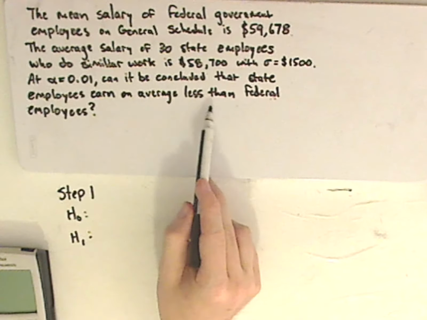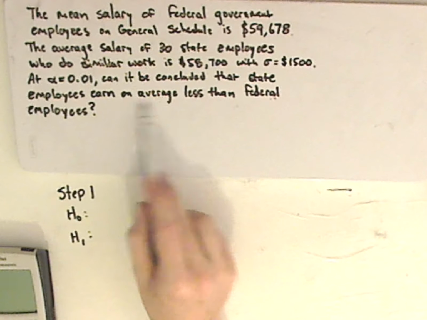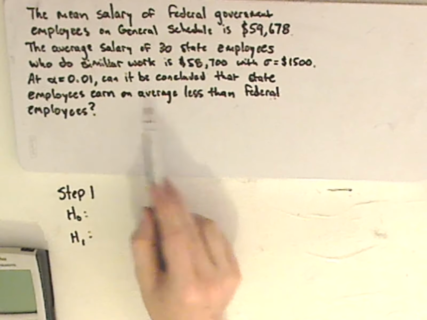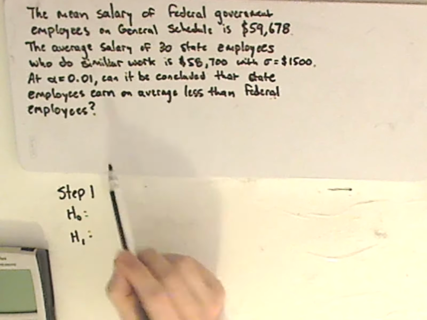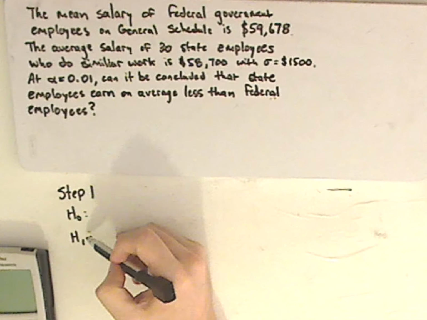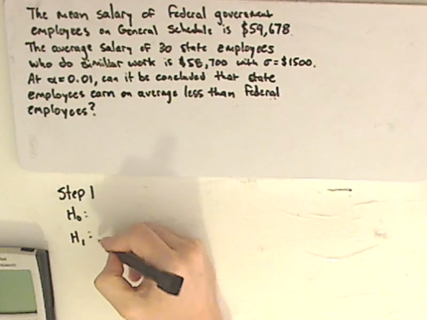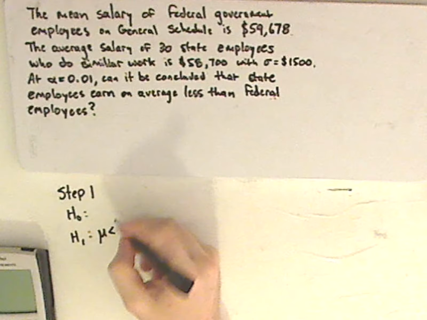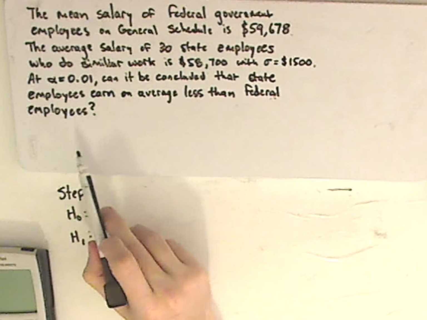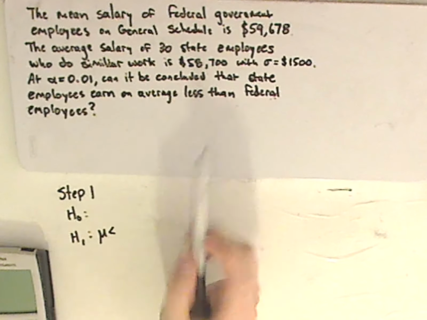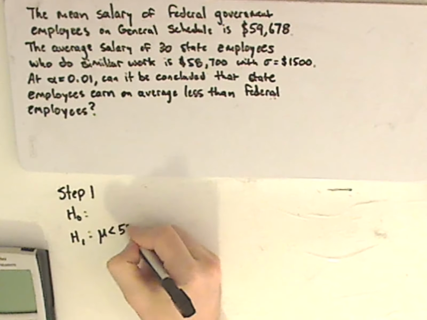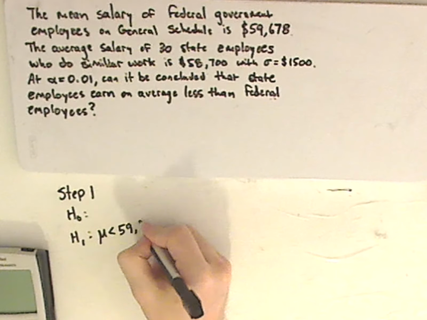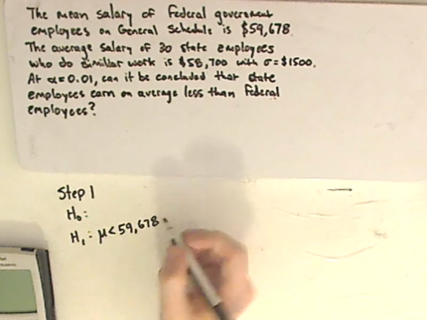So you have less than and you have average. Well, the less than signifies that's going to be your alternative hypothesis. Now it's less than the federal employees average, which is the $59,678.